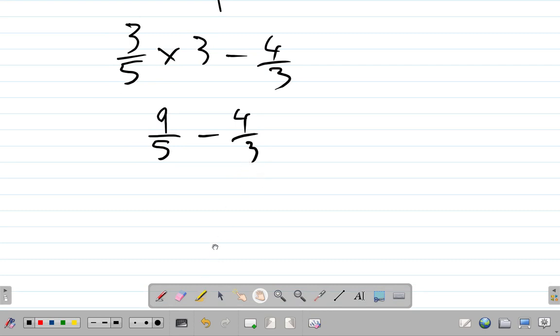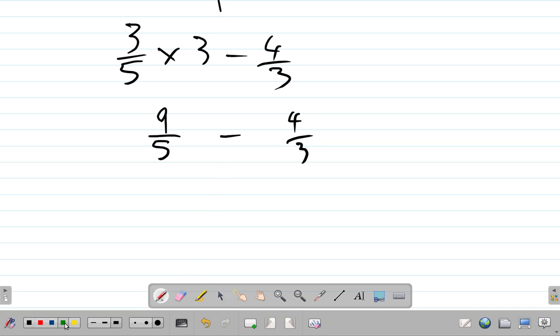Now, what you can do here, you could draw the line and find the LCM, but let us do it the fundamental way by finding common denominators. Let me move these things over here, make some space between them.